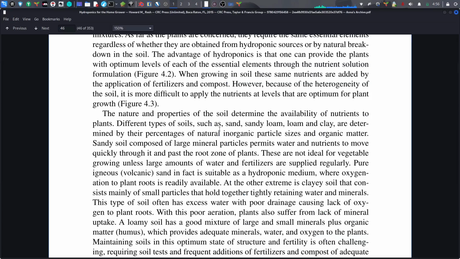The nature and properties of the soil determine the availability of nutrients to plants. Different types of soils, such as sand, sandy loam, loam and clay, are determined by their percentages of natural inorganic particle sizes and organic matter.